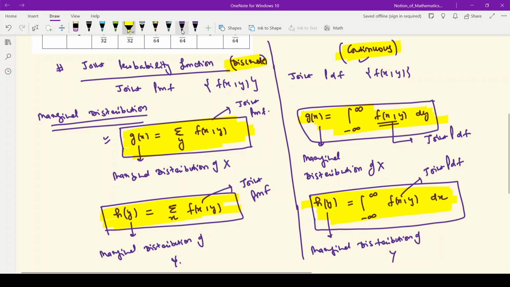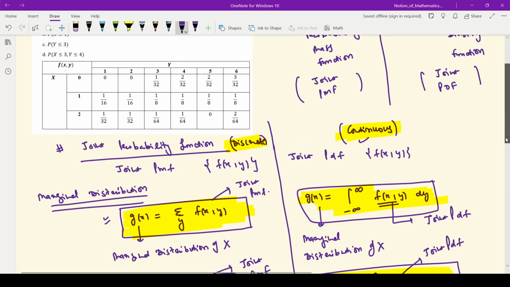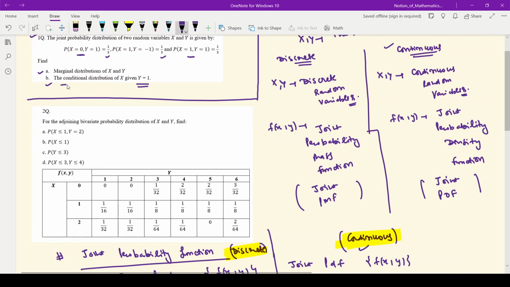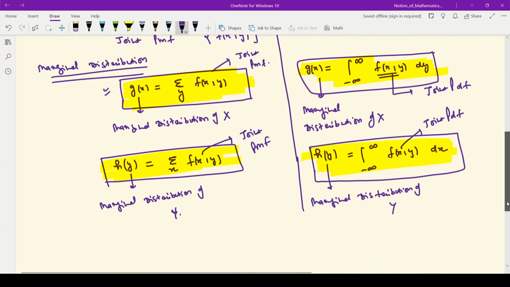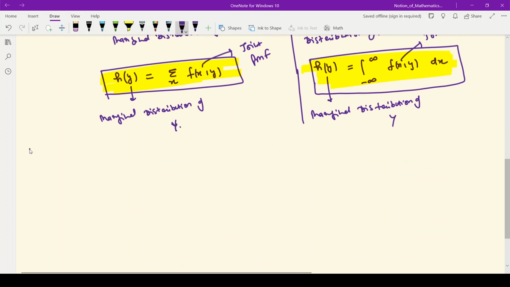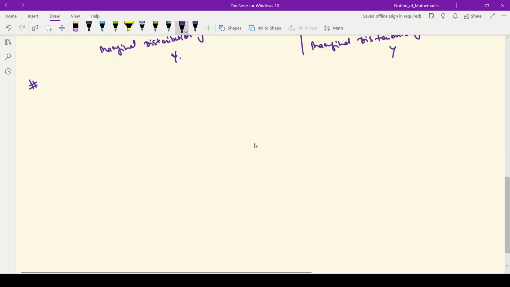Now what I want to communicate next is the conditional distribution. After marginal distribution we can have knowledge of conditional distribution. So how can I write it?